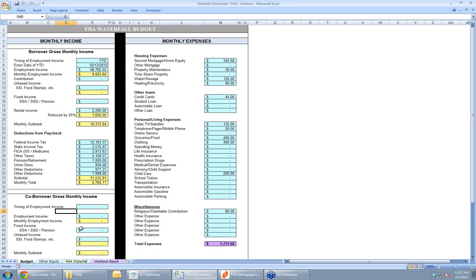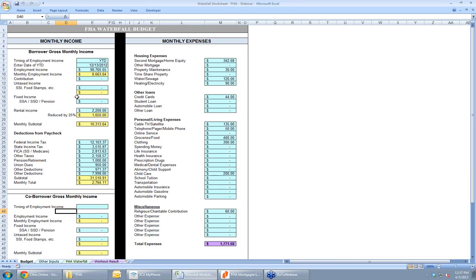The first tab here we have labeled budget, because there are actually going to be two input tabs for this FHA waterfall worksheet, because there are a lot more inputs. On the left-hand column there's monthly income, and a lot of this is going to look very familiar from what Joe has just presented.